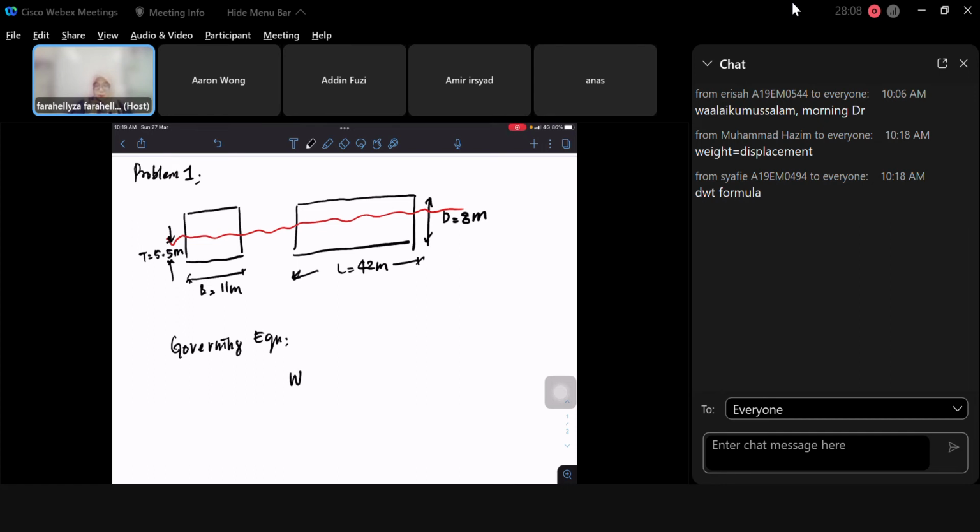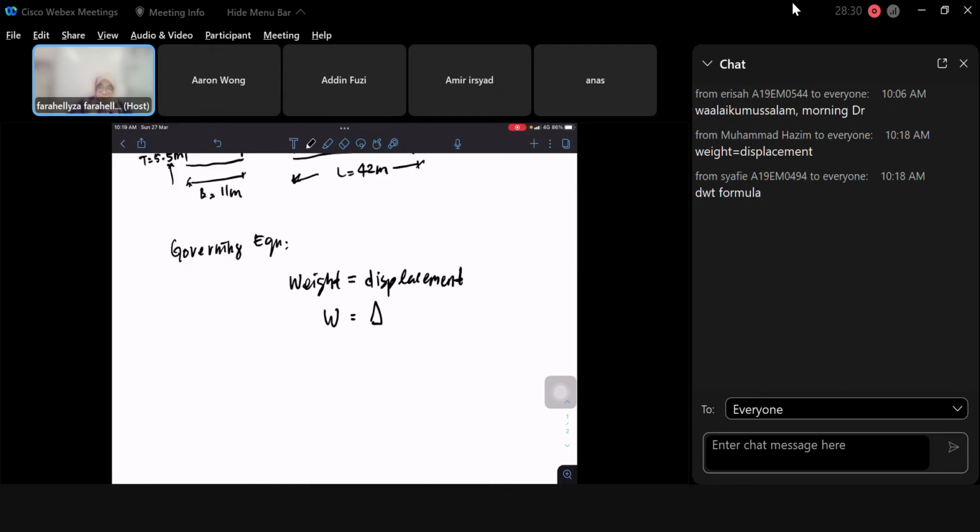So weight is equal to displacement, W equal to the mass displacement, which is basically equal to rho V. This is a capital W, supposed to be a capital W. So in order to solve main dimension problems, you are given the owner requirements just now and so on, and you start with these governing equations, which is weight is equal to displacement.